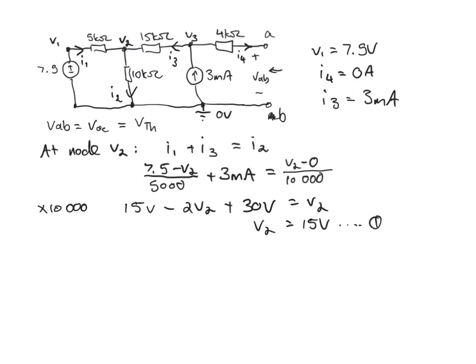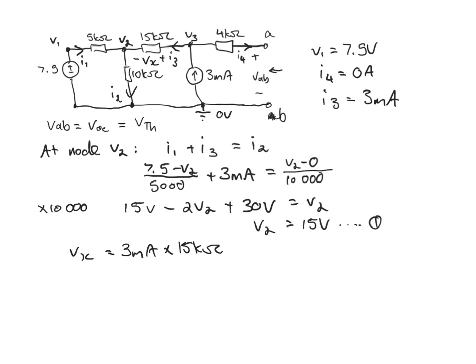We can't really apply nodal analysis at node V3 because remember we've just got one current flowing in and one current flowing out. So we know that in a resistor the current flows from the higher voltage to the lower voltage. So let's call that Vx, and we know that Vx is equal to 3 milliamps times 15 kilo ohms.